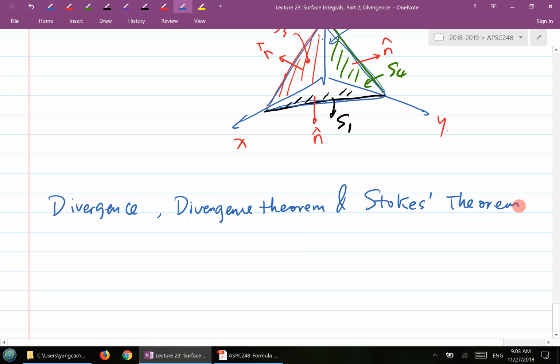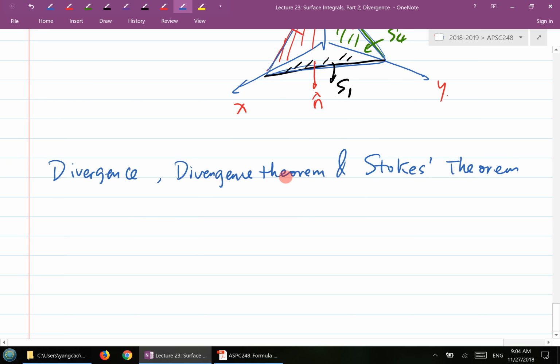So 3 different concepts: divergence, the divergence theorem, and Stokes theorem. Okay, so 3 different things we need to cover here. First, let's talk about the concept of divergence, okay. And then we'll look at the 2 important theorems.